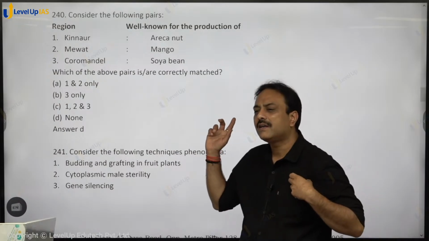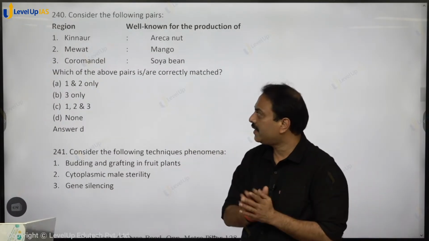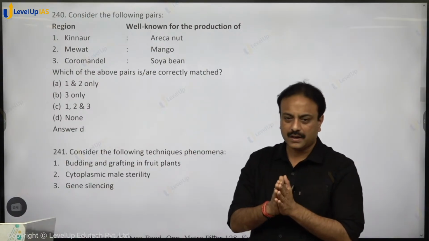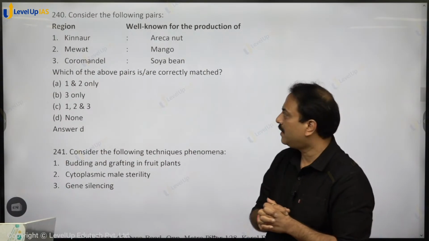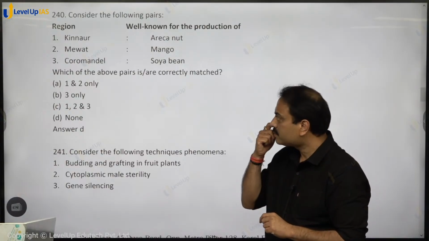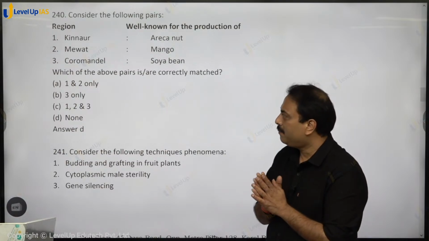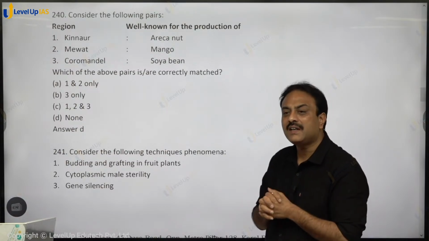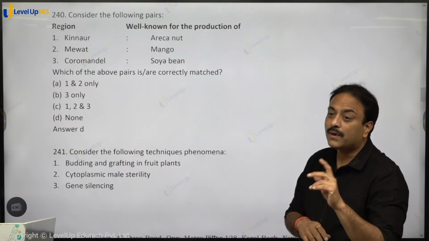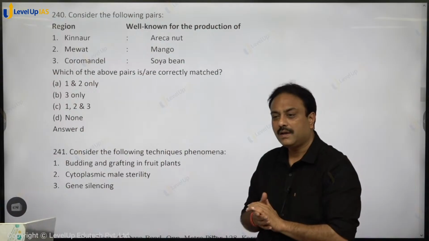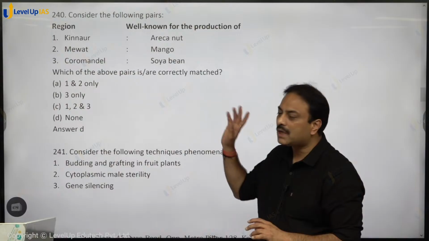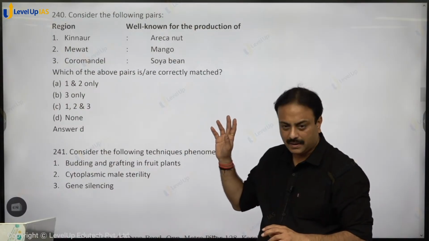Areca nut is not in the Kinnor region. Where is areca nut grown? Karnataka, Kerala. That region is for areca nut. So the first one is a wrong one. Then Mewat. Mewat is in Haryana. Mango is produced in Mewat, right?